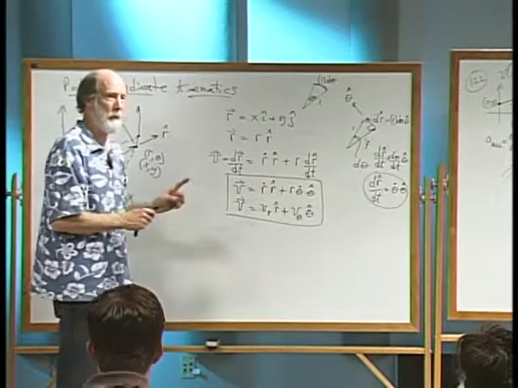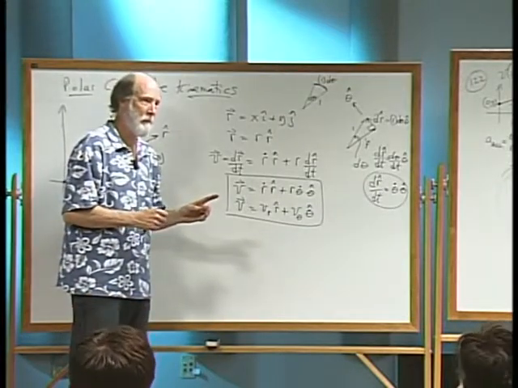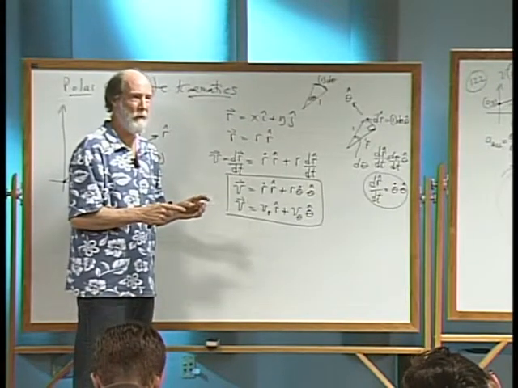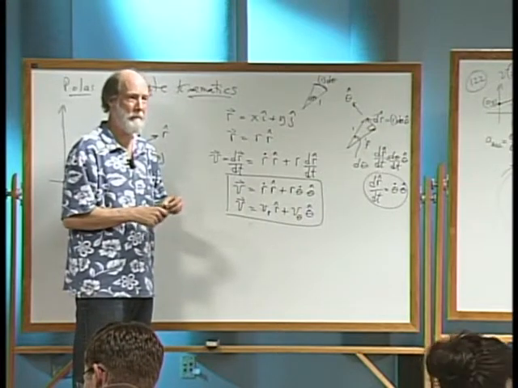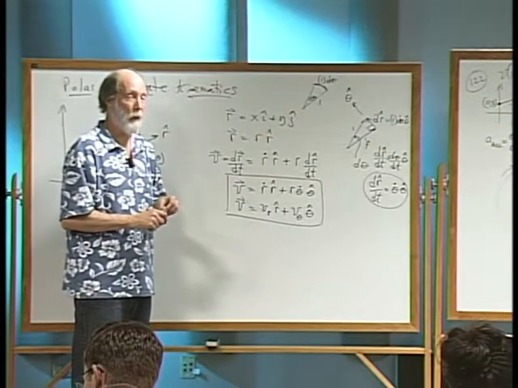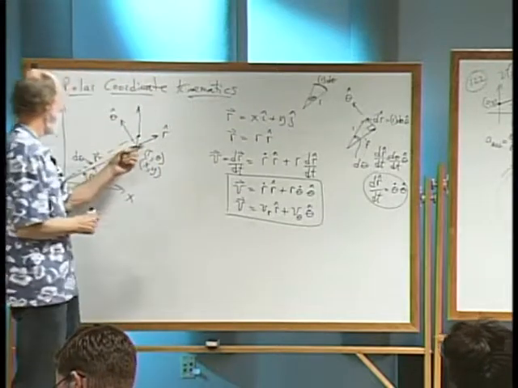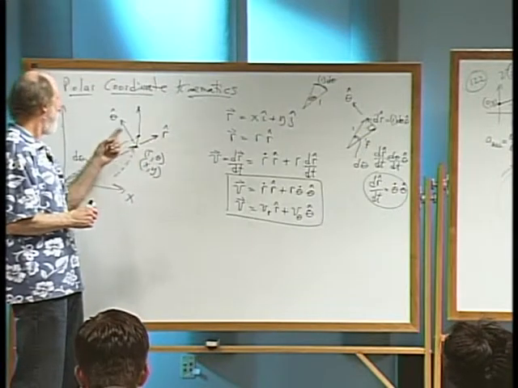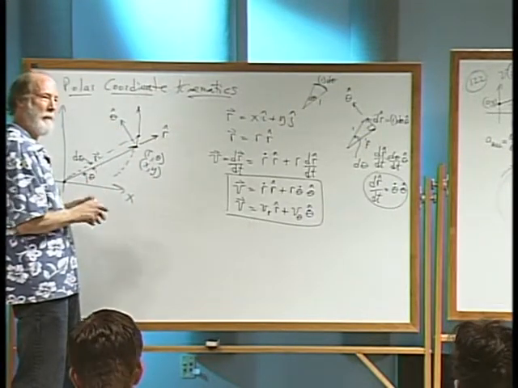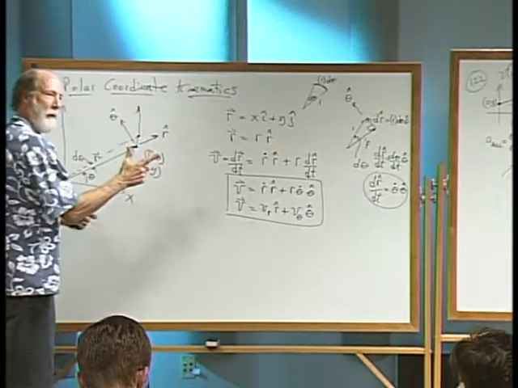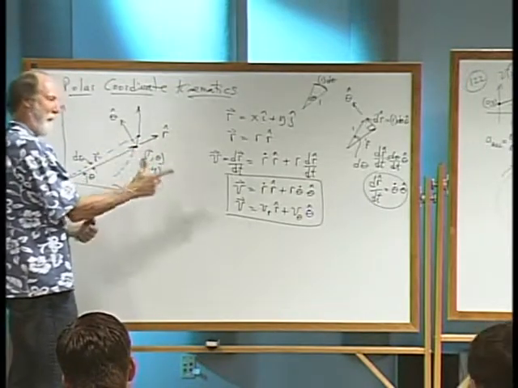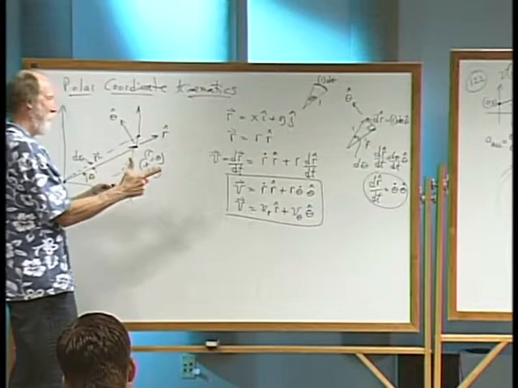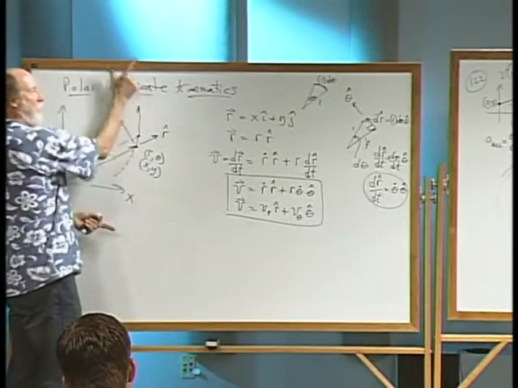Theta hat's always perpendicular to r hat, and it's defined as in the direction of increasing theta. You can take your index finger and thumb and see it, r hat, theta hat. And those unit vectors just stick with the particle as the particle moves on its path.